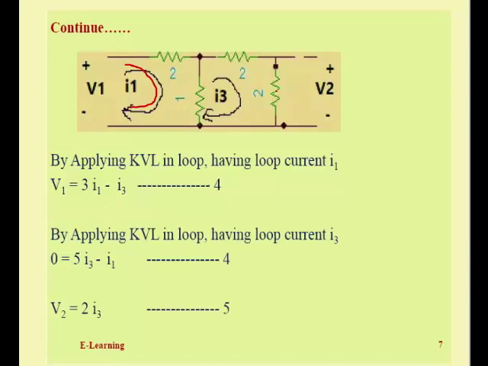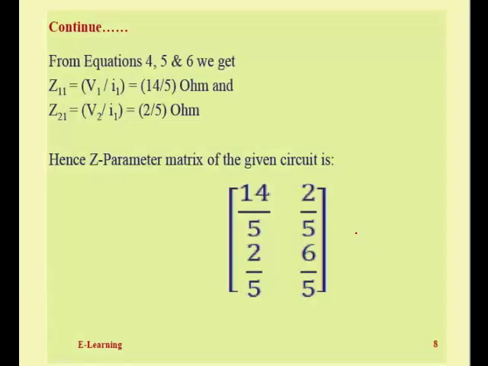By applying KVL in this loop, we get 0 is equal to 5I3 minus I1, and V2 here, the drop in this resistance, is V2, so it is 2I3. From these three equations, we get Z11 is equal to 14 by 5 ohm and Z21 is 2 by 5 ohm. Hence all four parameters have been evaluated. Thank you.